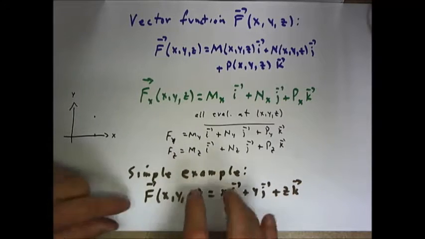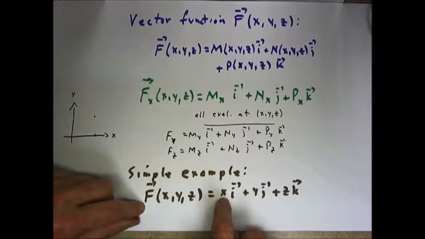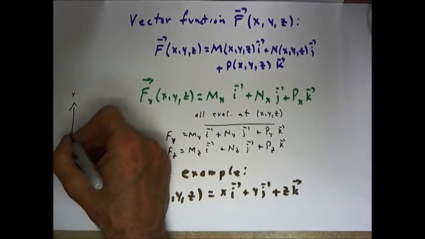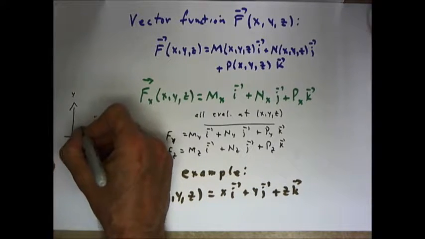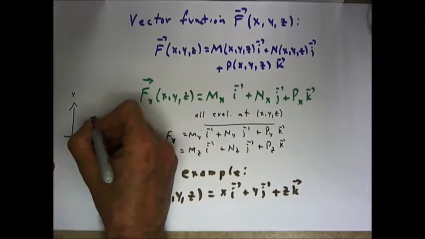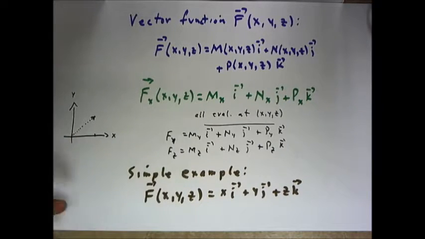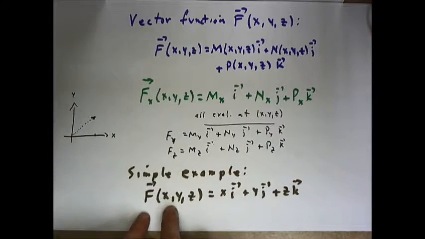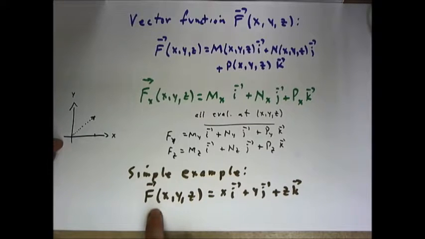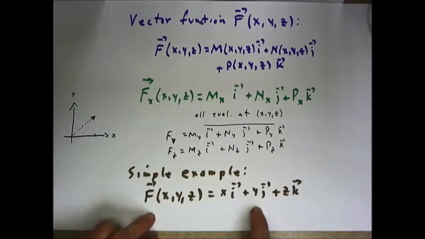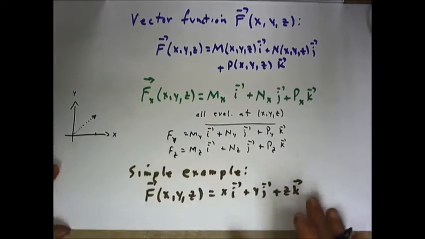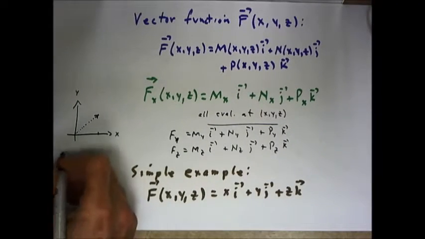Then the vector xi plus yj plus zk would just be this vector from the origin out to the point. However, we associate this vector with the point. We don't consider this vector to be rooted at the origin as we would with a position vector. So this is a vector field rather than a position vector.